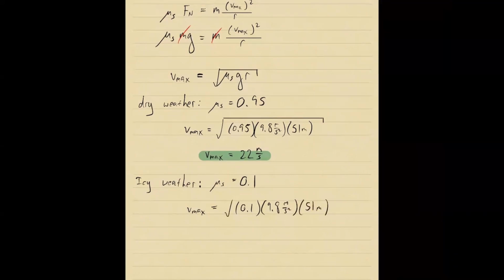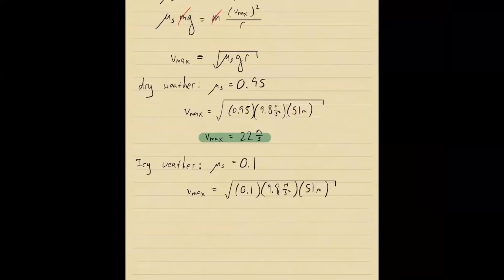So those haven't changed. And when we take the square root of all this, we see that the maximum speed we can drive around this track without slipping under icy conditions is 7.1 meters per second. So pretty much 3 times slower.